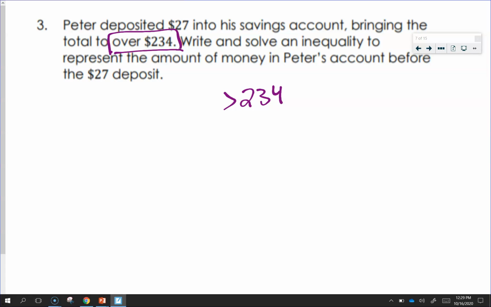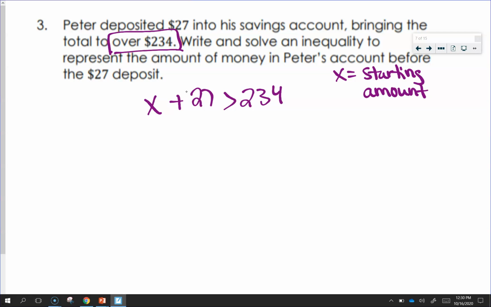Withdraw. Good. So if we're adding money in, do I know how much money I had to start with? Nope. So is that going to be my variable? Yes. So X is going to be how much money I had, and we're adding $27 to it. So X is the starting amount. Okay, so my original balance plus $27 took Peter over $234. Okay.